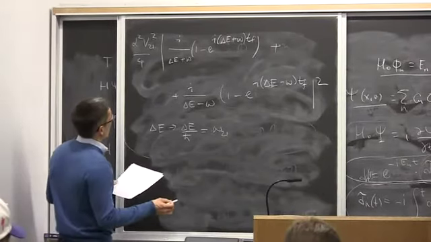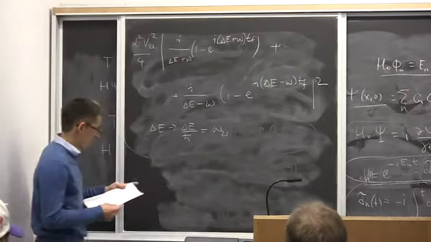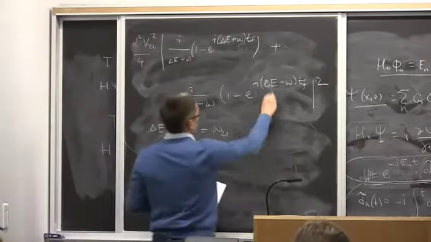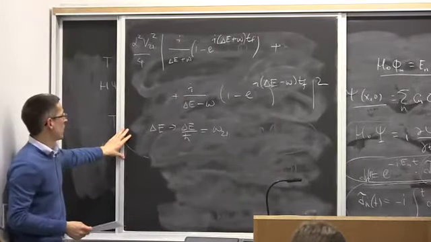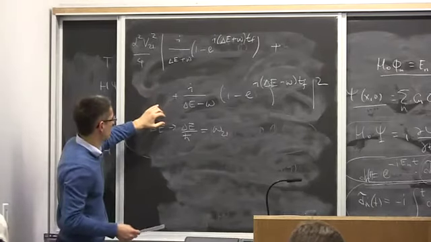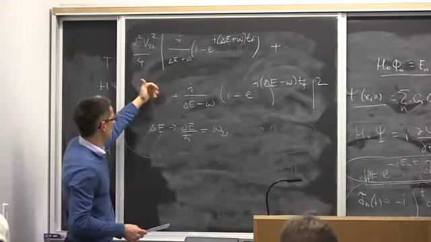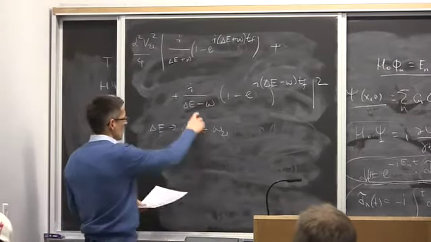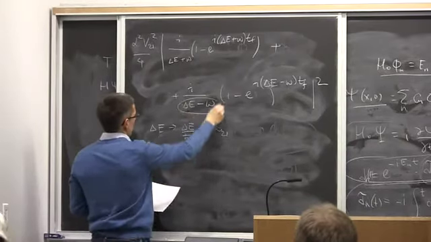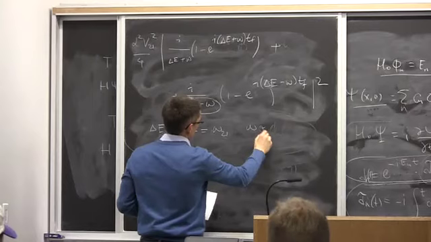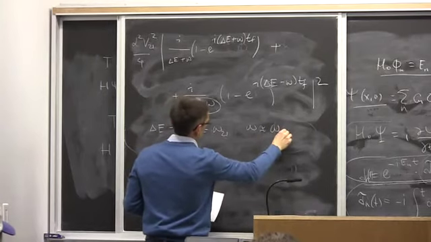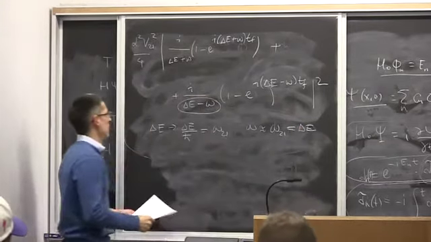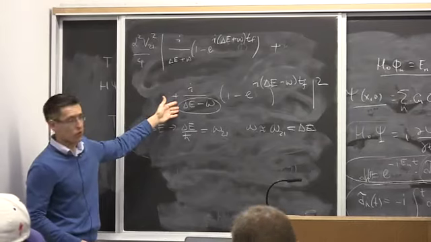All right, now we have two terms, and the important consideration here in this absolute square is that one term will be much smaller than the other. So for the term where delta E minus omega is the denominator, if omega is close to omega 2, 1, which in atomic units is delta E, then this term will be large.